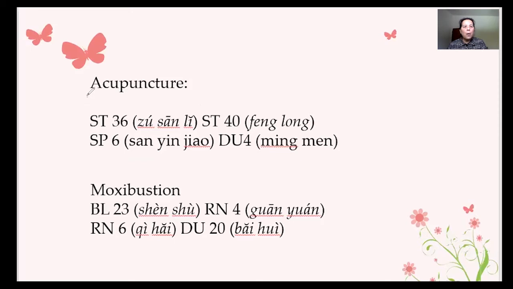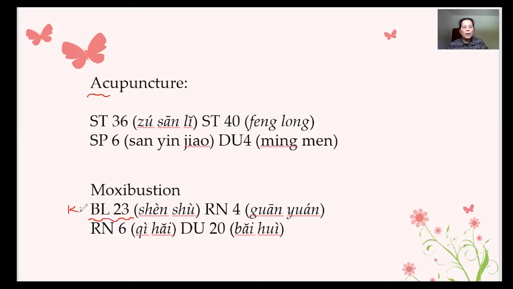So, acupuncture points. We say warming the middle jiao, warming the spleen and stomach, and also for impotence problems, if they have trouble related to the kidney also. Bladder 23 is the back-shu point of the kidney.